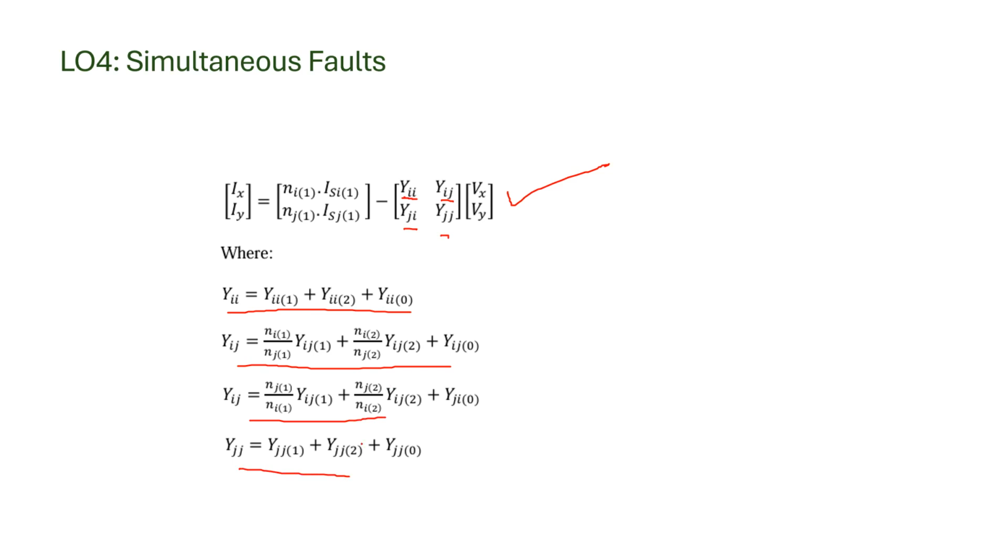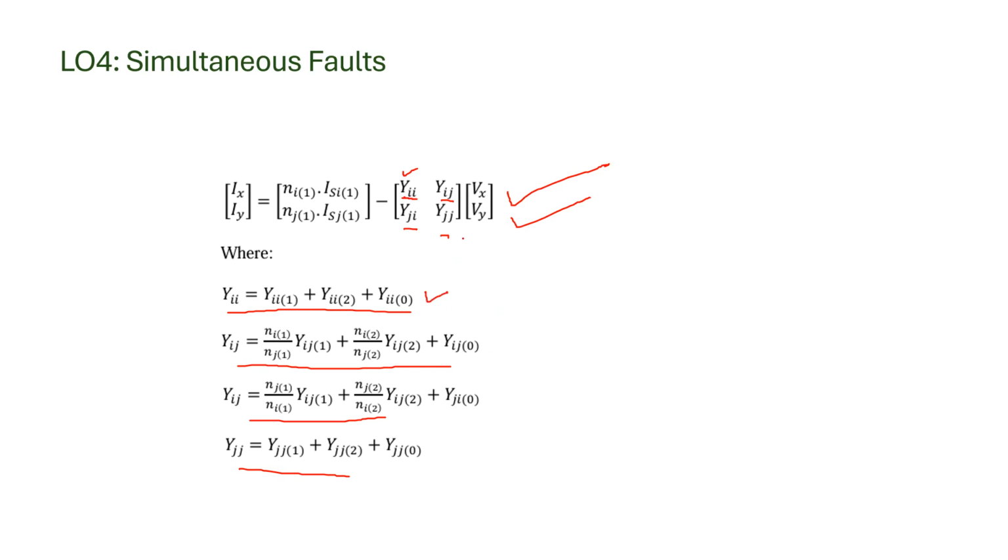So what have we done here? This final equation will give you the current at the faulted locations X and Y. What you have to do is calculate these Y parameters, and this is the equation.